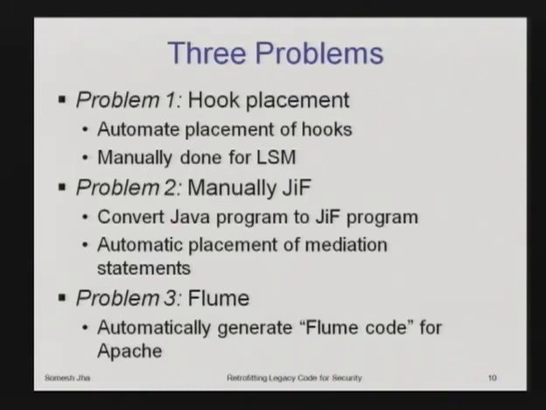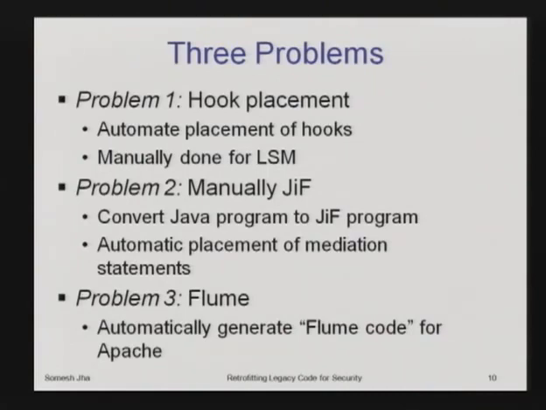These hooks were generally placed manually, so we will show you how to place those hooks automatically. Think about this as retrofitting Linux. This is more a retrospective study. We show that the hooks that were placed in the Linux security modules, we could have done automatically using static analysis.